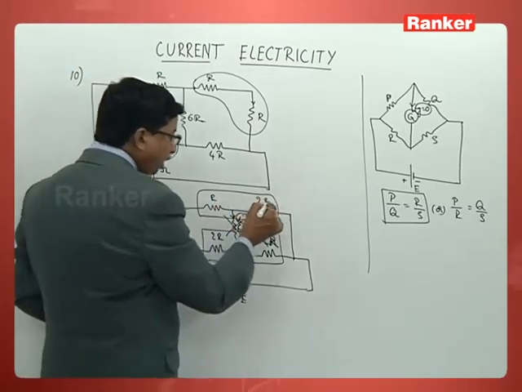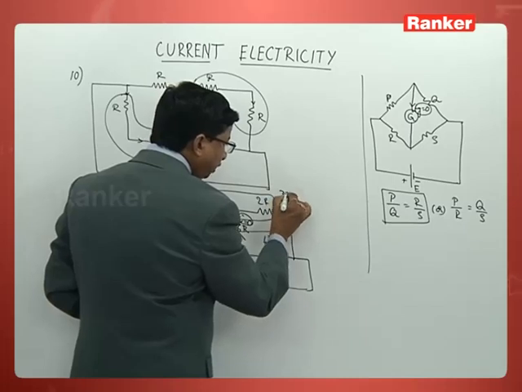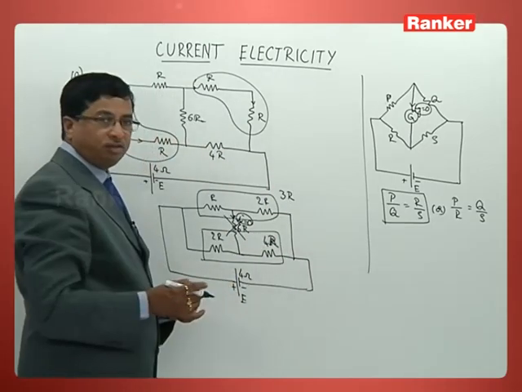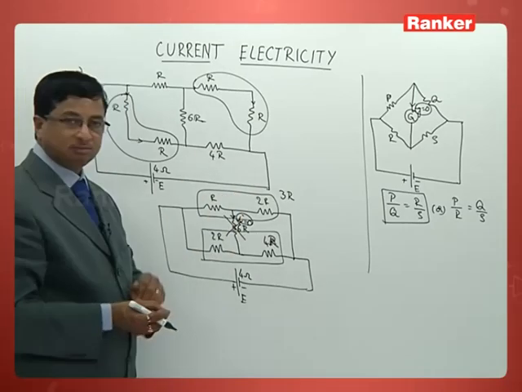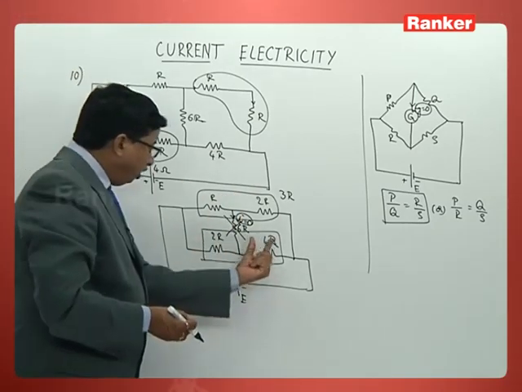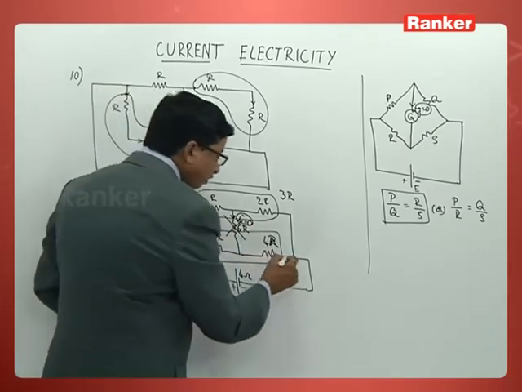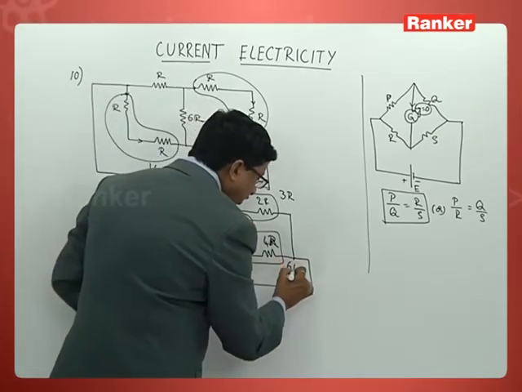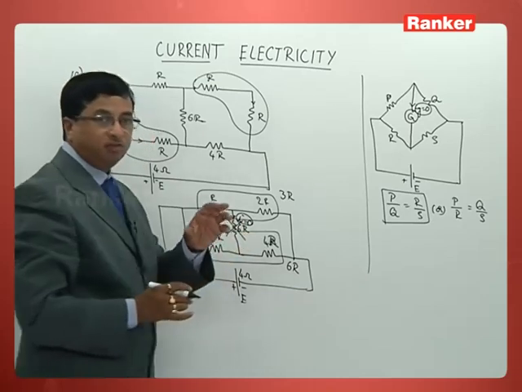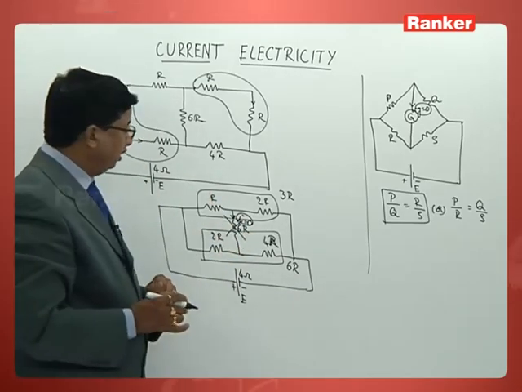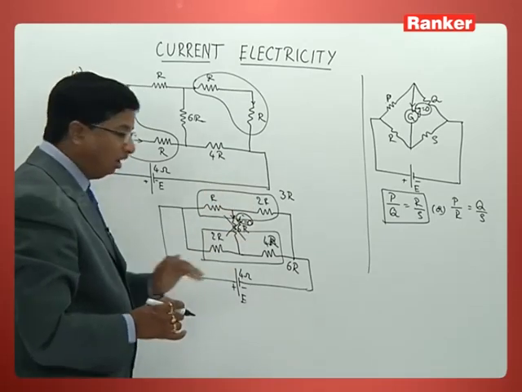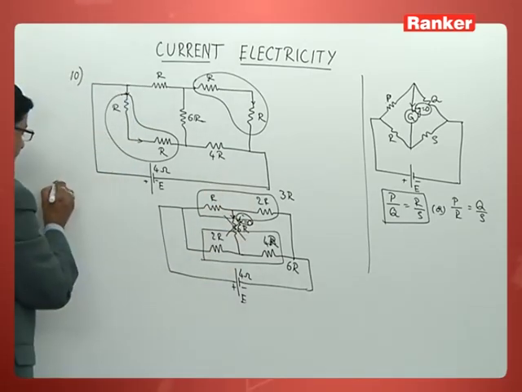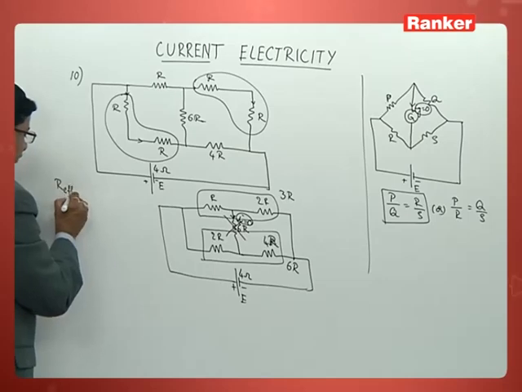So R and 2R, when they are connected in series, what is the resultant resistance? It is the sum of both of them, R plus 2R, that is 3R. 2R and 4R are connected in series, then what will be the resultant? It is 2R plus 4R, which is 6R. Now 3R and 6R both are in parallel. Then what will be the effective resistance?